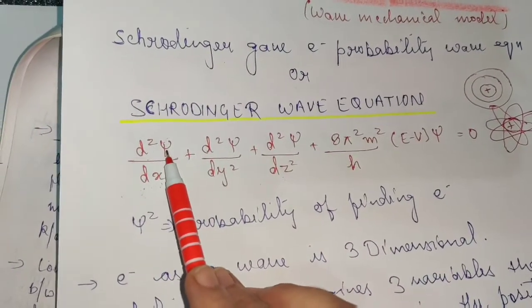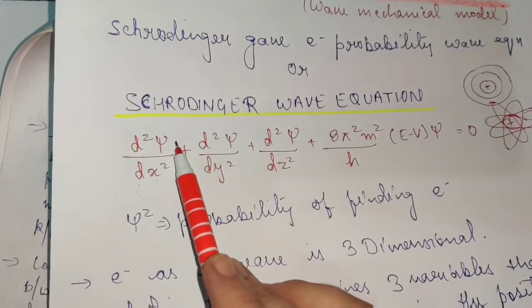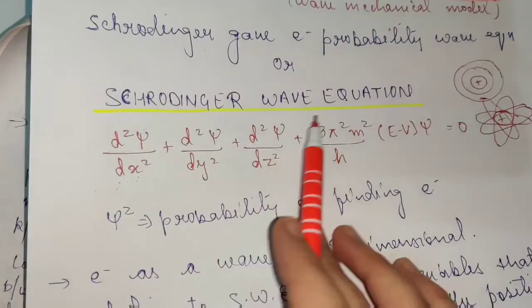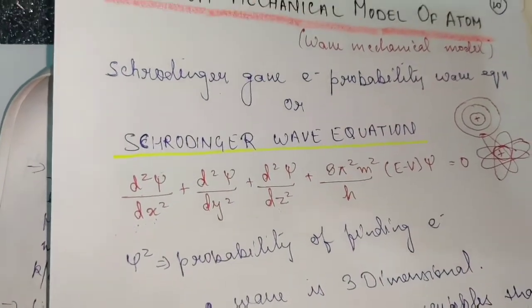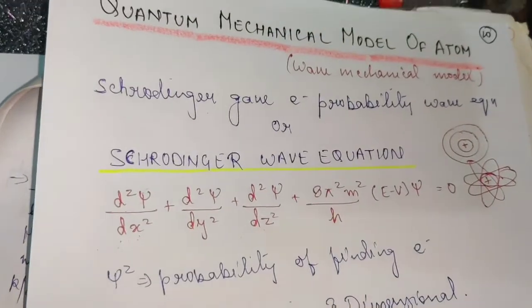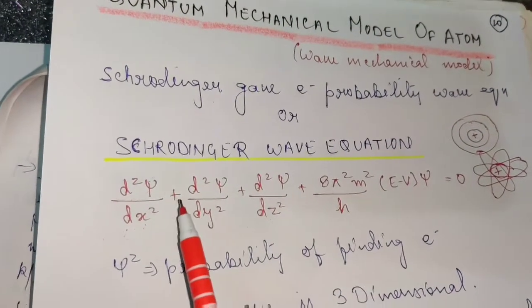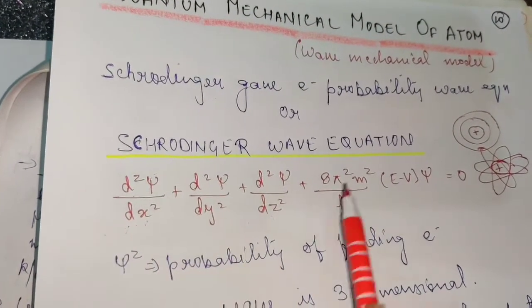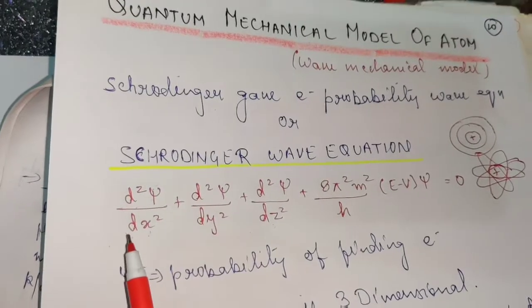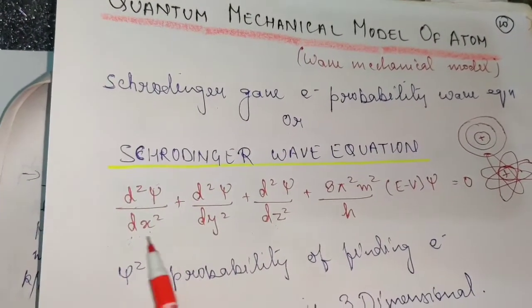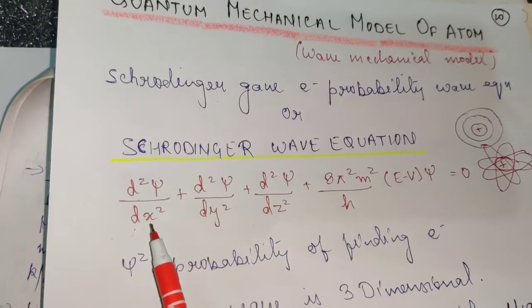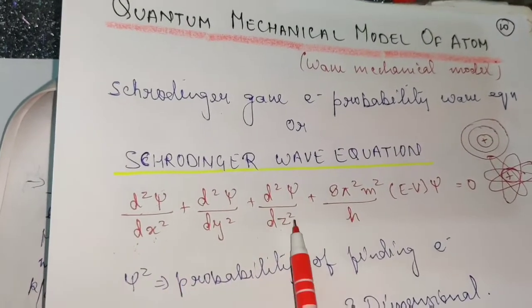Psi is the wave function actually. You don't have to go into the detail of it. You will be doing it in your higher classes if you pursue chemistry in your future. So you need to understand that this equation tells us about the probability of finding the electron in an atom, which is three-dimensional. It can be found in any of the three axes.